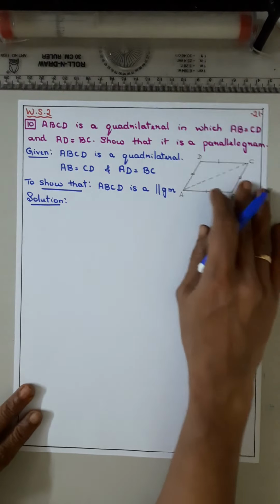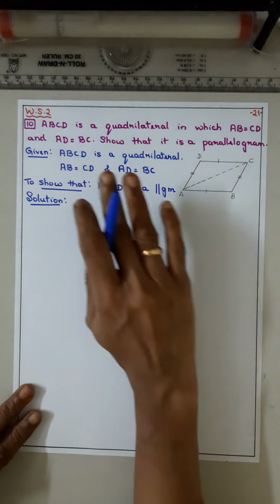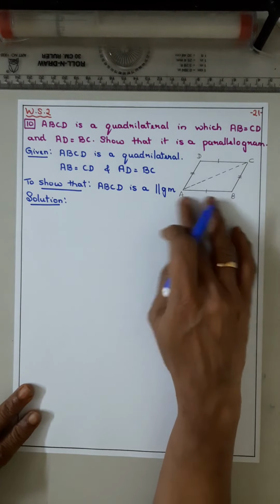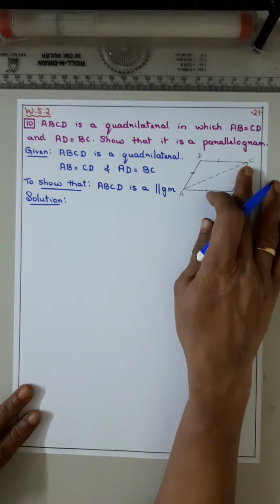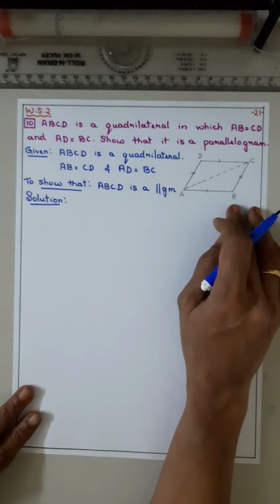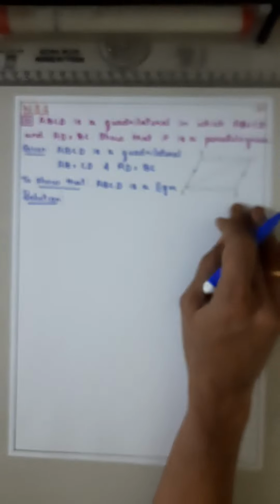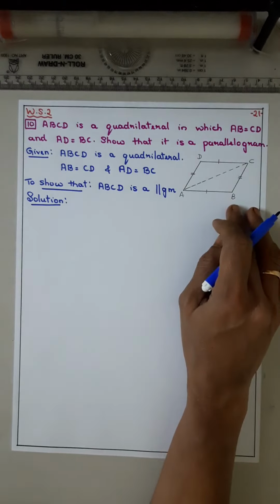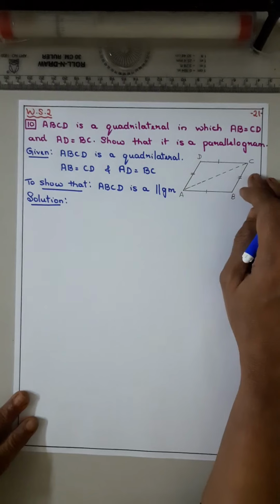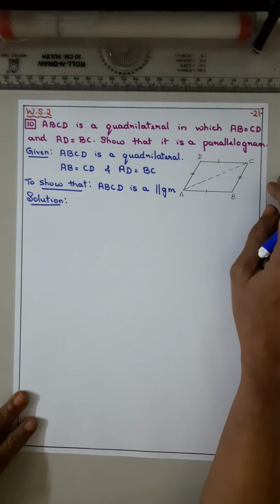ABCD is a quadrilateral, draw and given, right? But they have told AB is equal to CD and AD is equal to BC. And they have given a hint to draw one of the diagonals. That's why I have drawn the diagonal AC with the dotted line.